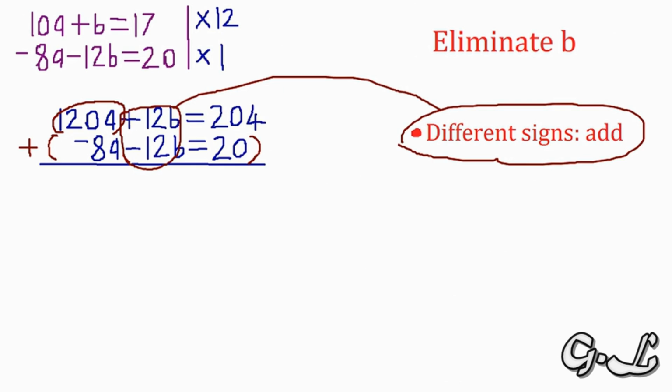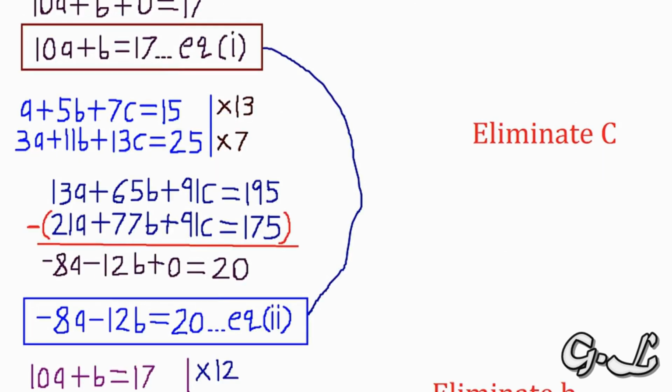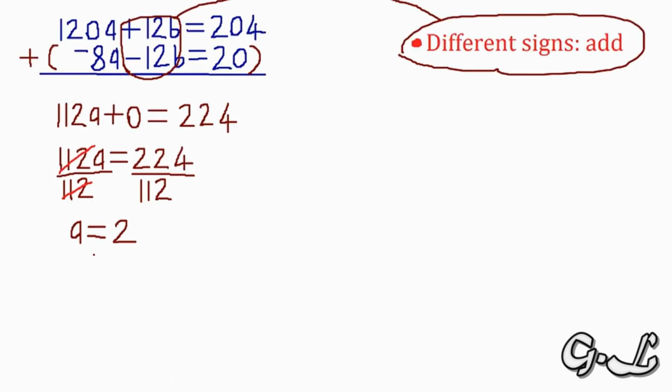In such a case, we're going to pick the first equation, 10a plus b is equal to 17, so that we find the value of b.